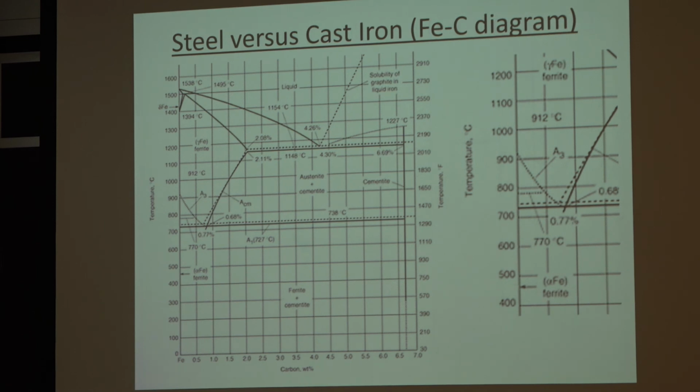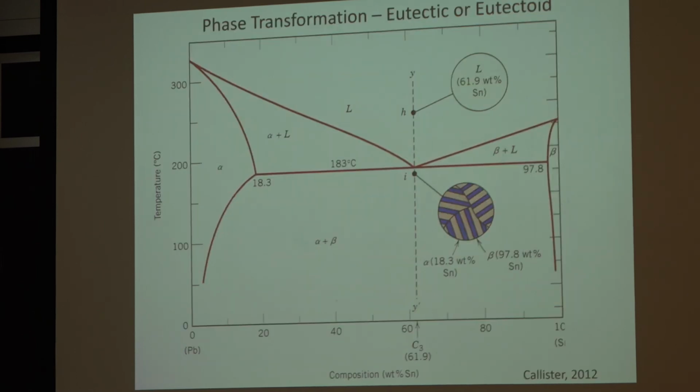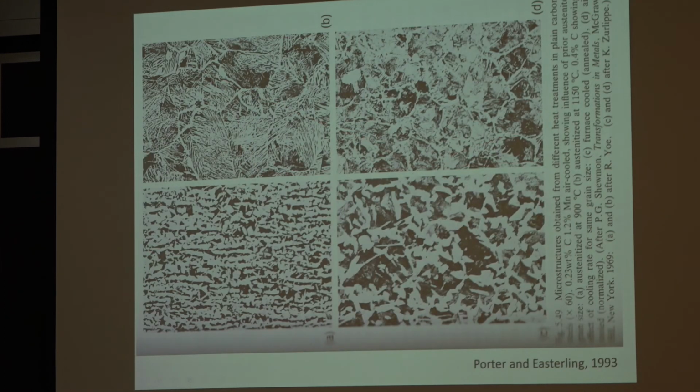What I'll say for steel is there's just a very, very different behavior. And the way I'll describe it is you still start from a solid here. This is a solid in the case of steel.